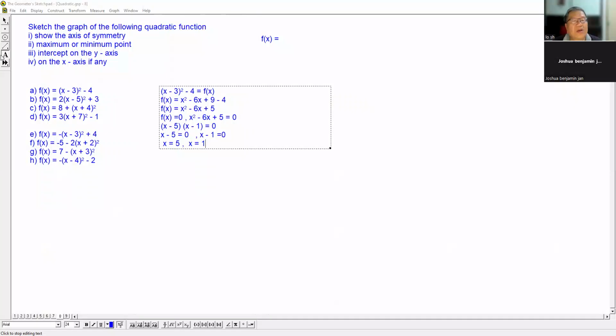If I want to sketch the curve, I will sketch it like this, and this is the x-axis. You will cut here at 1 and here at 5, because one x-intercept is 5 and the other is 1. Now, you will cut the y-axis at 5.